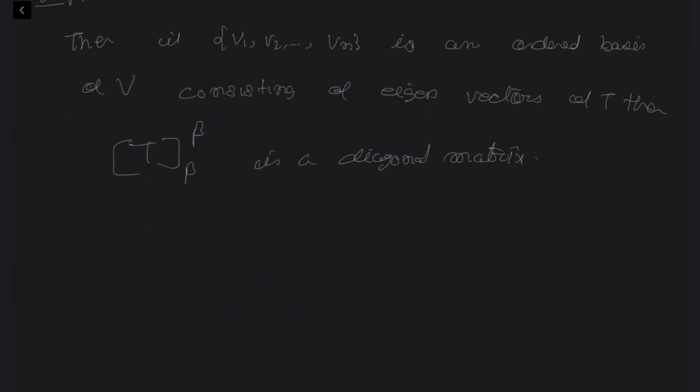Actually, we can write the converse also: if the matrix of T with respect to the ordered basis beta is a diagonal matrix, then these vi's are eigenvectors. This is just a notation to represent the matrix corresponding to the linear transformation T with respect to the basis beta.